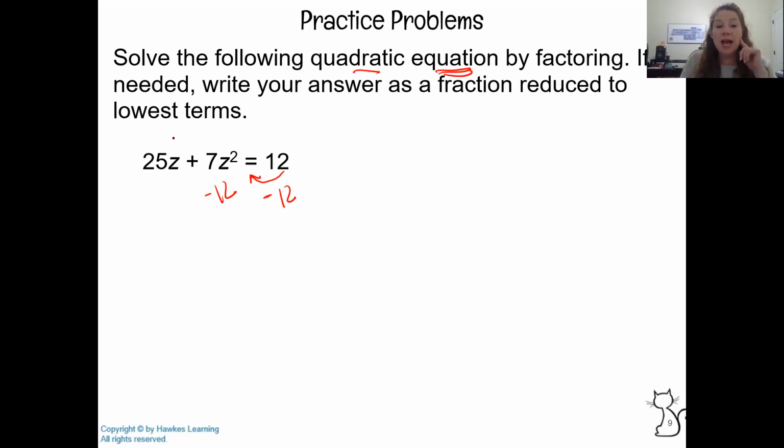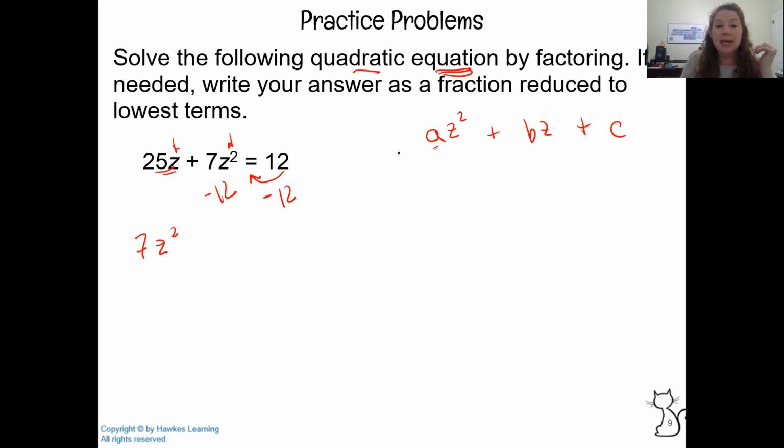So this has a z, this has a z squared, and this is just a constant, which means that none of those are like terms. And I do want to put them in the equation, a plus b plus our constant by itself, c. So I'm going to rewrite this. I'm going to bring a up to the front, which is 7z squared.